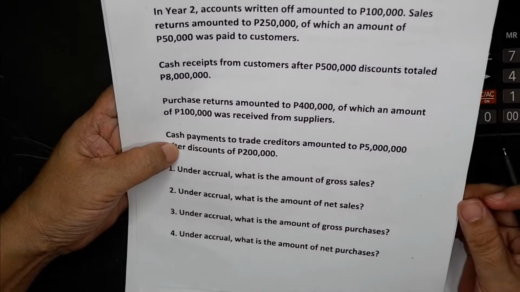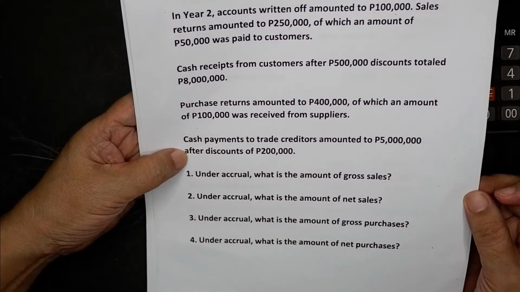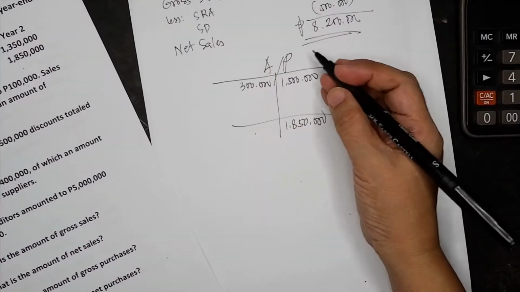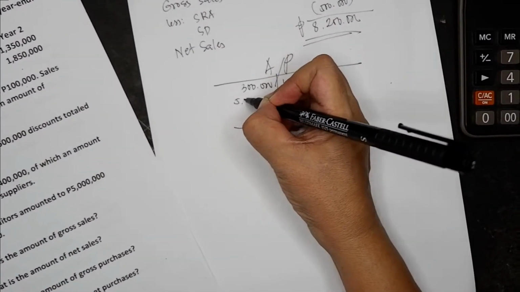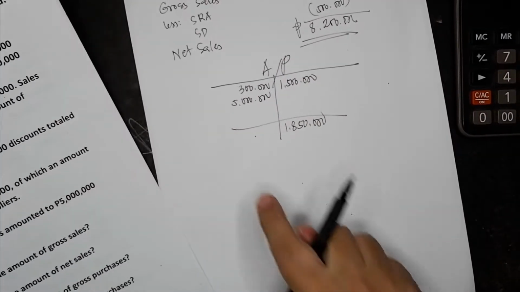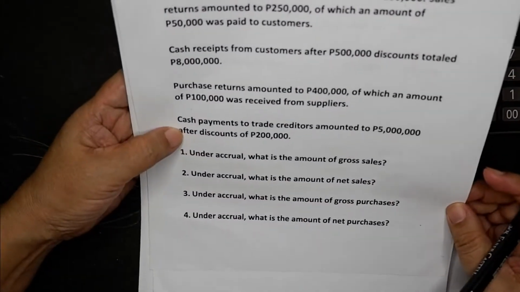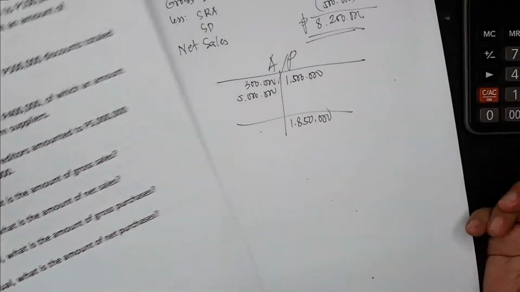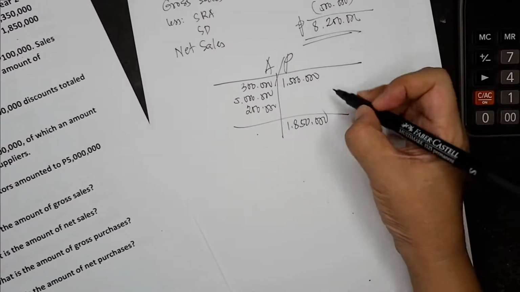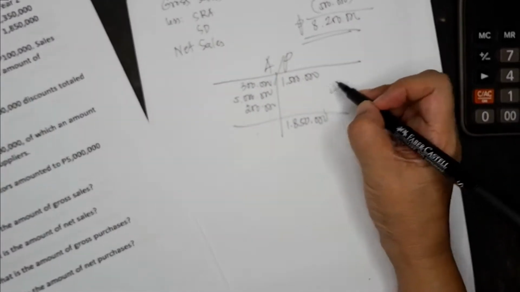Cash payment to trade creditors amounted to 5 million after discount of 200,000. So, here when we pay, 5 million. Remember, the entry when we pay is debit AP and credit cash. So 5 million, after discount of 200,000. So the discount here is 200,000. Okay, so how much are the credit purchases?